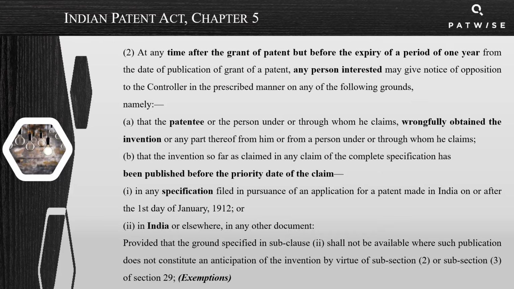So at any time after the grant of patent but before the expiry of a period of 1 year, any person interested may give notice of opposition to the controller in the prescribed manner on any of the following grounds. The grounds are almost very similar, like the patentee has wrongfully obtained the invention that has been published before the priority date in any patent or in any document in India or elsewhere, provided there is an exemption which you can claim under section 29.